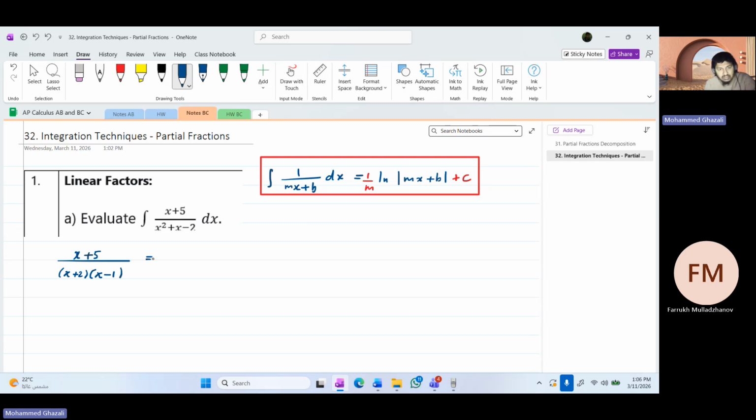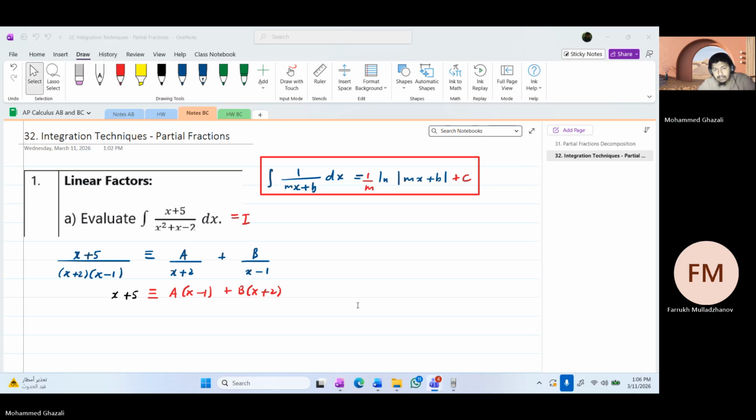This will decompose into a over x plus 2 plus b over x minus 1. Let's call this the integral, because I don't want to keep on writing the same thing. So x plus 5 is now identical to a into x minus 1 plus b into x plus 2.